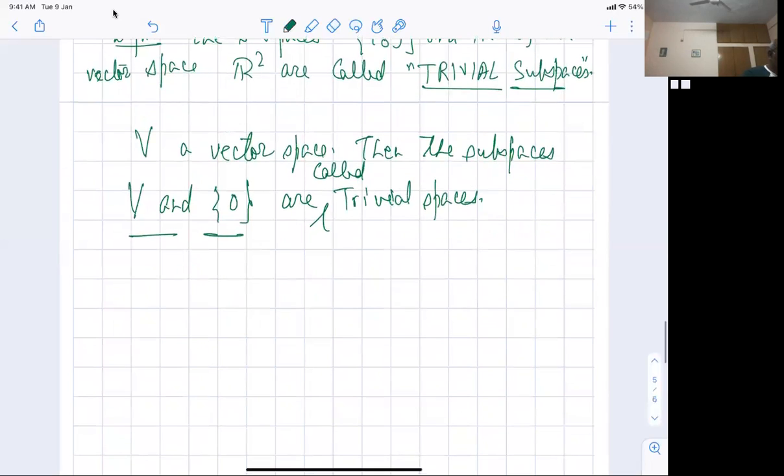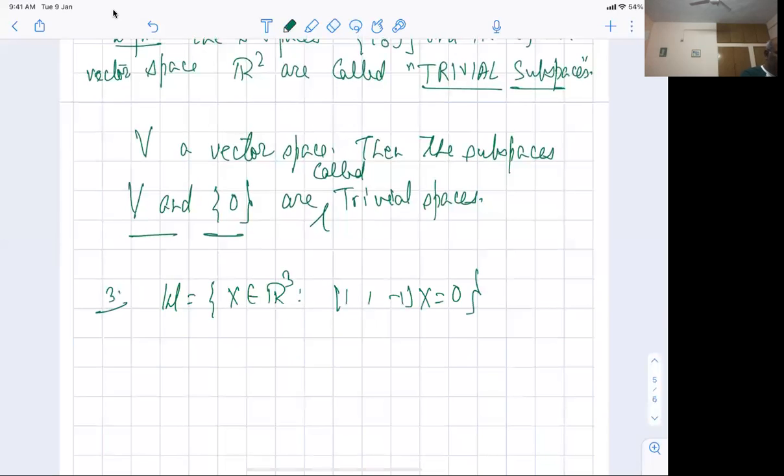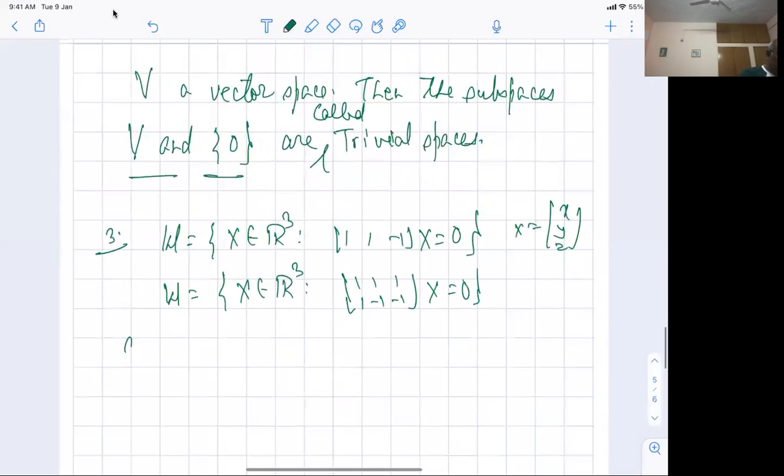Fine. Another example 3, similar to whatever we have done. So W is all X belonging to R3 such that the matrix 1, 1, minus 1 times X is 0. This is a subspace. Similarly, I can have another subspace which is X belonging to R3 such that the matrix 1, 1, 1, 1, minus 1, minus 1 times X is 0. So X here is X, Y, Z. These are subspaces of R3.